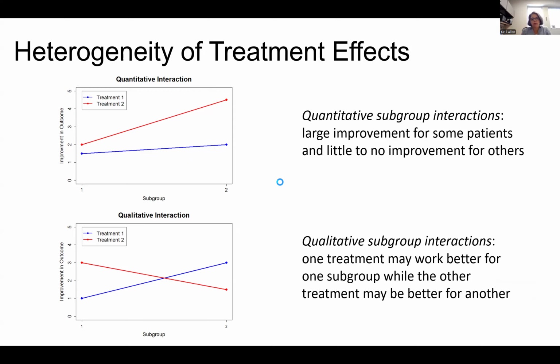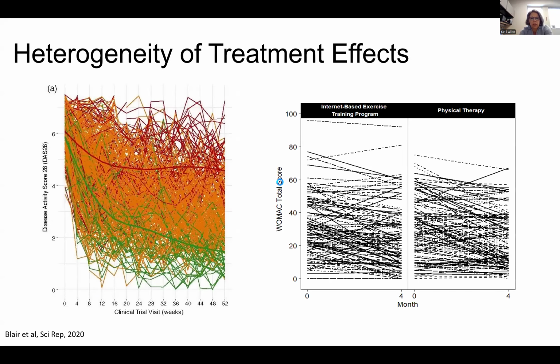So that's one thing you could observe. You could also observe what we think of as a qualitative interaction, where one treatment works better for one group and the other treatment works better for another subgroup. So you can see that represented here. For subgroup 1, treatment 2 is better. For subgroup 2, treatment 1 is better. Okay. So again, just some more examples of what these differential effects might look like.